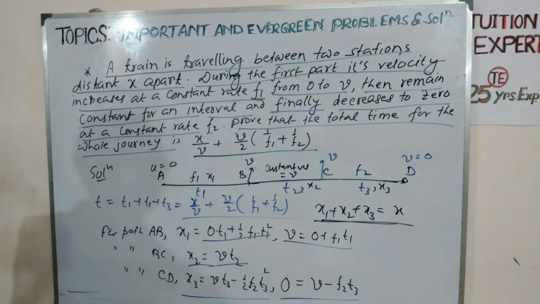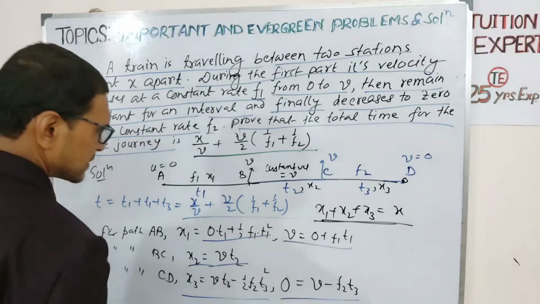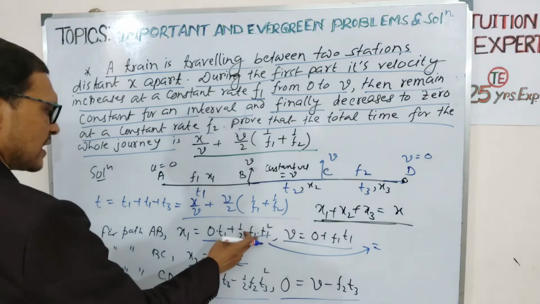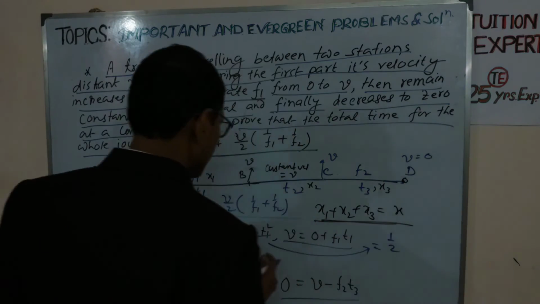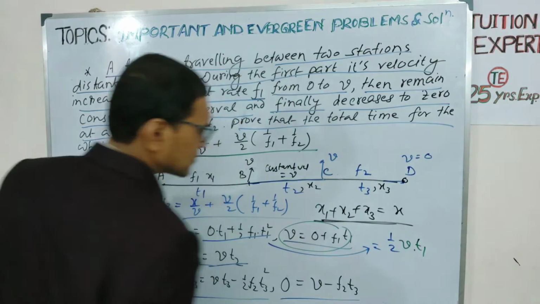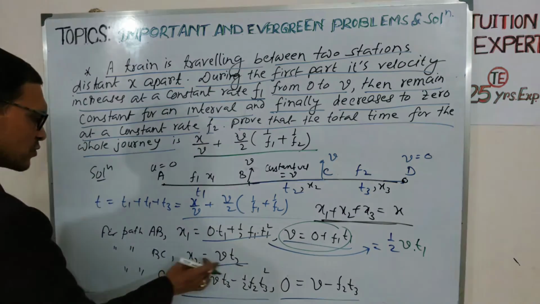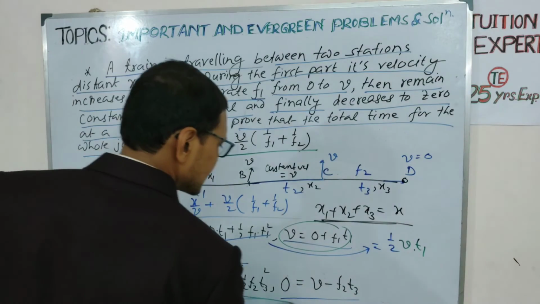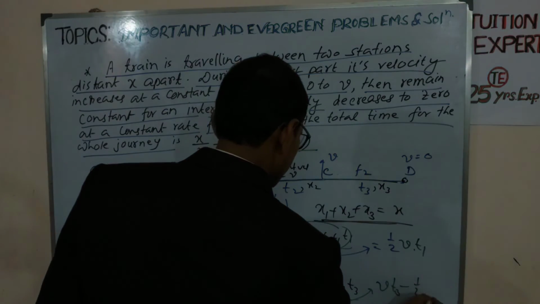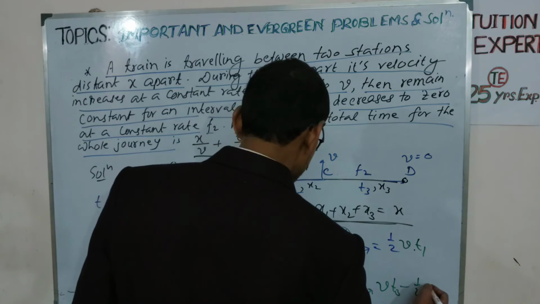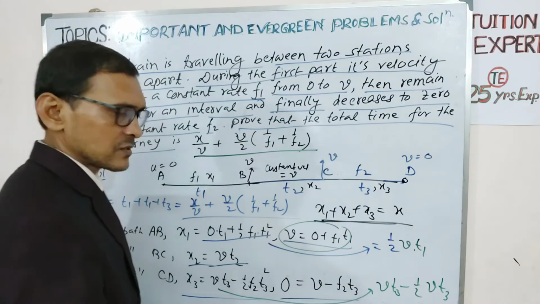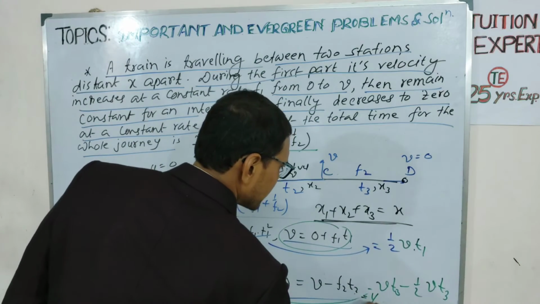Now how to calculate the total time taken? x1 equals half f1 t1 square, and f1 t1 equals v, so x1 equals half v t1. x2 equals v t2, and x3 equals v t3 minus half f2 t3 square, with f2 t3 equal to v, so x3 equals half v t3.